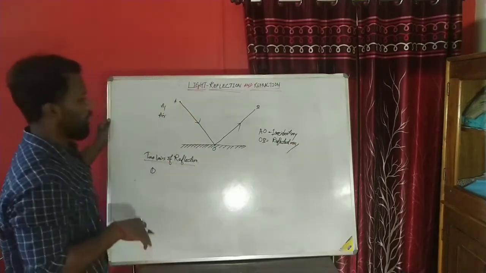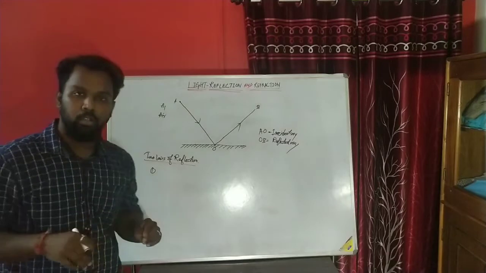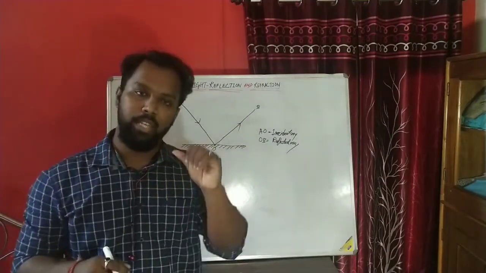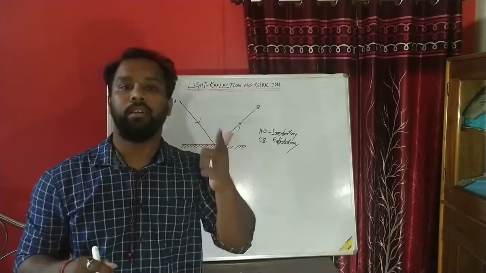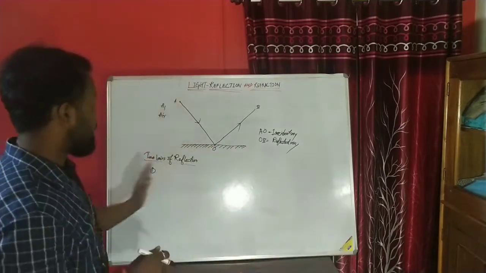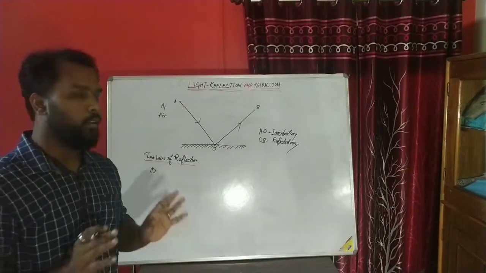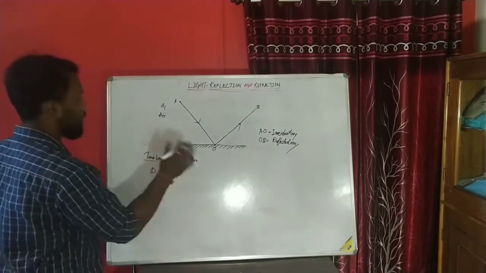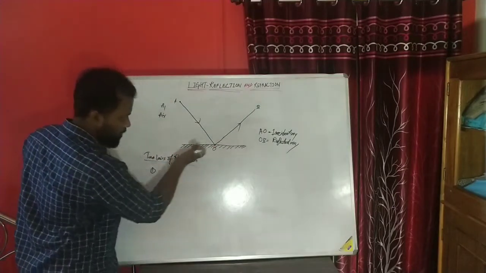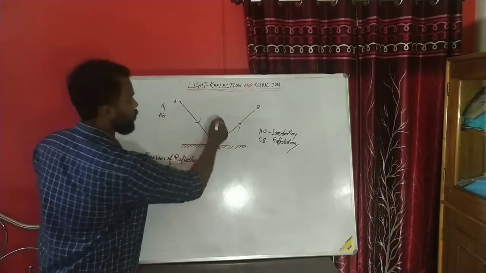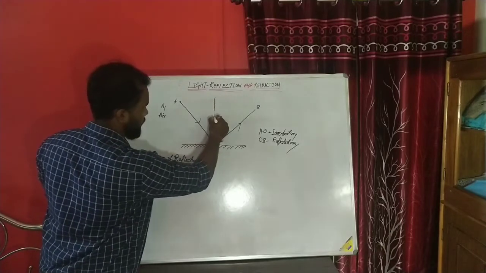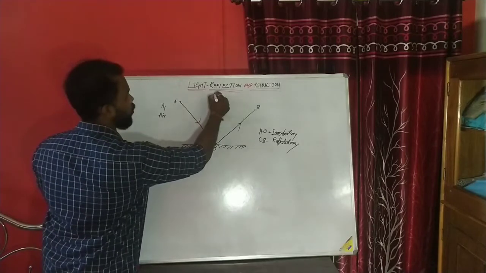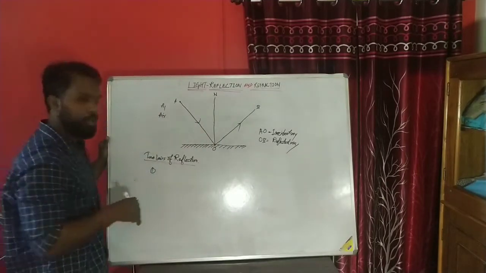But according to the first law, it is the incident angle, not the incident ray, that is always equal to the reflected angle. To measure the incident angle or the reflected angle, we need one more line, and that line is nothing but the normal to this polished surface, and we draw it like this. This is the normal, and we will name it ON.